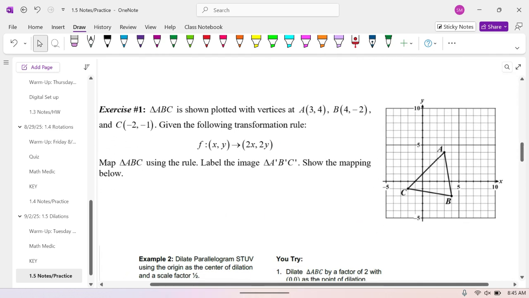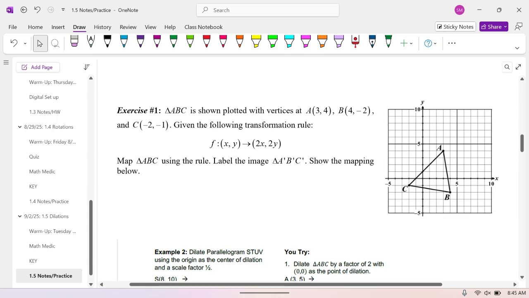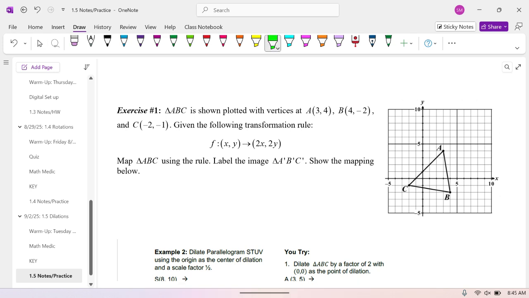So let's do an exercise together. Given the following transformation rules, they already plotted ABC for us, and they gave us this rule. So first off, given our rule, what's our scale factor for our dilation? 2.